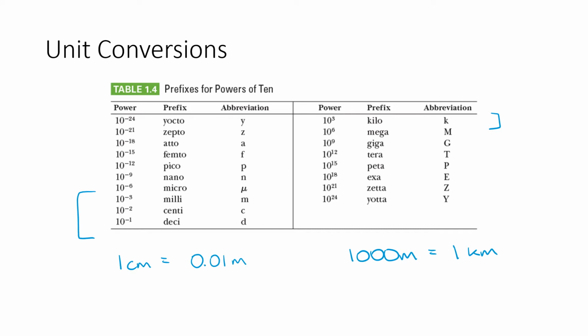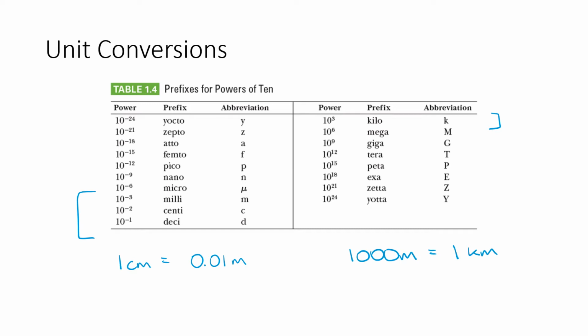So how am I doing this? A way I kind of picture it in my head, I'm taking the exponent, negative 2, and I'm saying, okay, we have a meter that is going to be larger than centimeters. So since it's larger, we're going to move the decimal point over twice, for centimeters.